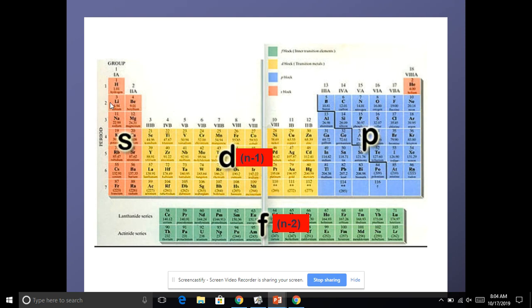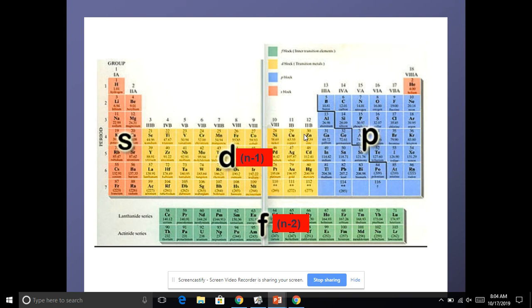For N equals 2, I've come down here. I have my S orbital here, which has two elements in it. But if I go across where I'm still in level 2, I also have p orbitals. Next, I'm coming down to N equals 3. It looks like I only have S and p orbitals. But if I come down to level 4, I get S, and then I'm in the D.